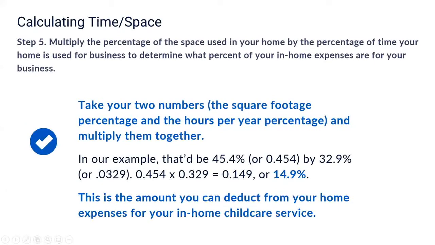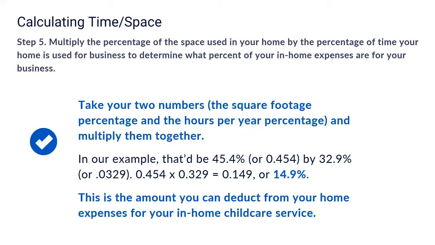Step 5, you'll multiply the percentage of the space used in your home by the percentage of time your home is used for business to determine what percent of your in-home expenses are for your business.